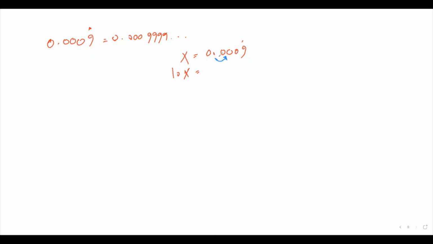So the final answer is basically 0.009. So instead of 3 zeros and then 9, we have 2 zeros and then 9. And then you can write 10x above.